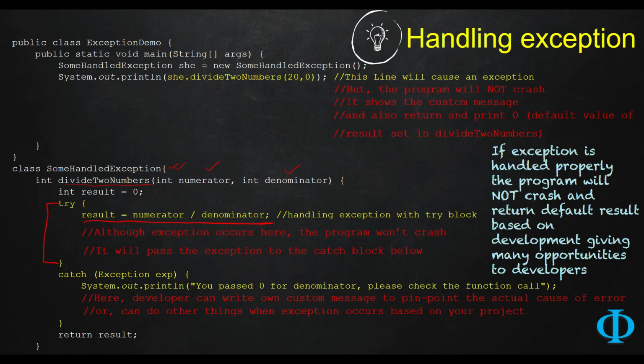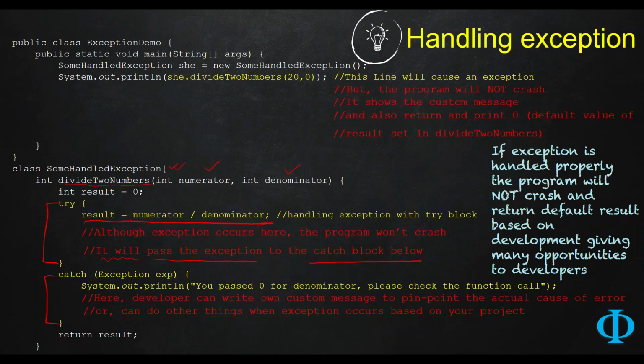Whenever you enclose it in a try block, although the exception occurs here, the program won't crash immediately like before. What it will do is pass this exception to the catch block below, which is appearing over here.